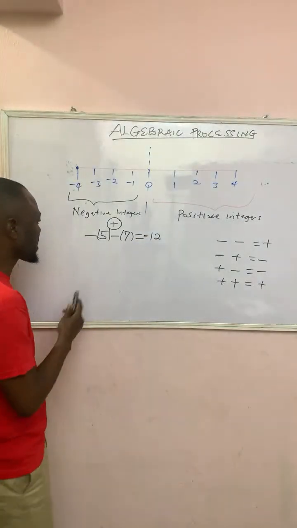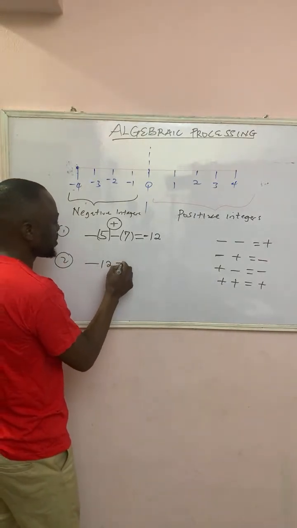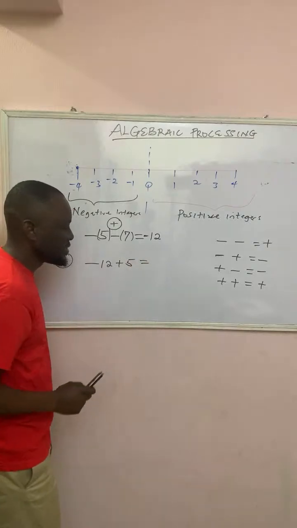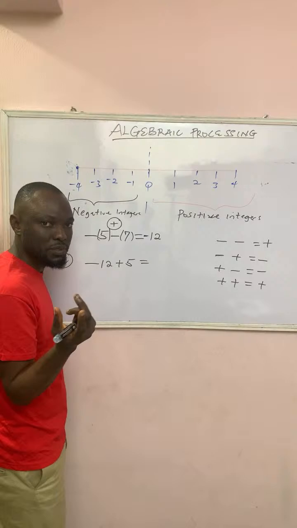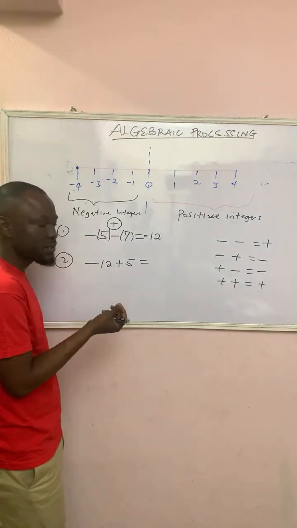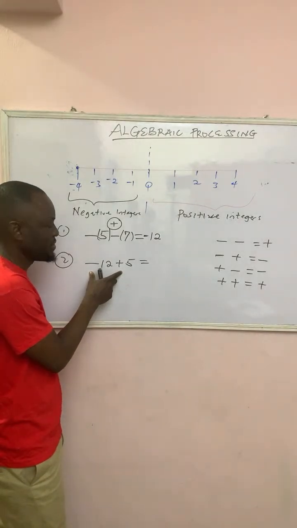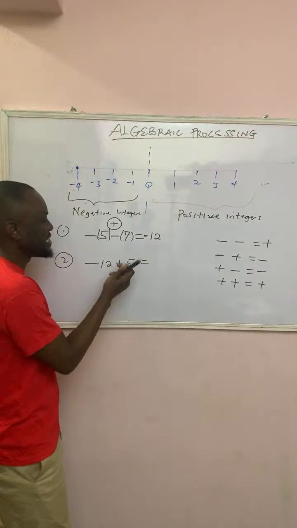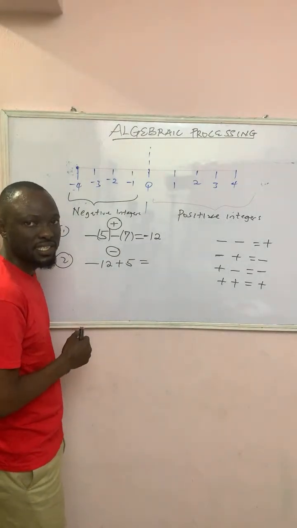Very simple. We'll take the second example. If I have -12 plus 5, there are two steps you need to do to solve this problem. The first step is to look at the signs. The signs are different. For different signs, it tells us that the operation we have to perform on the two integers is subtraction.